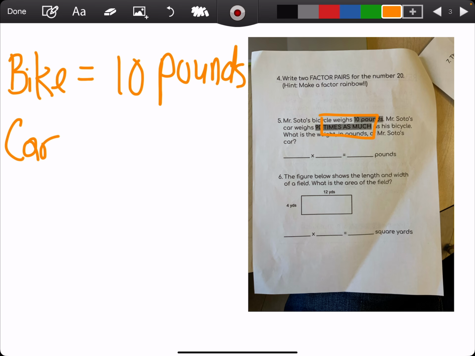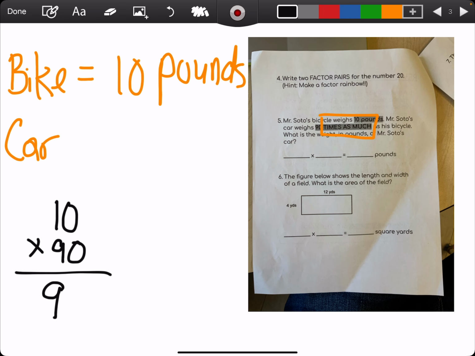So I would have to do 10 times 90. Now what is 10 times 90? Now this is a doozy here because both numbers end in a 0 and your basic fact is 1 times 9. So 1 times 9 is 9, and now add the 2 zeros to the end.